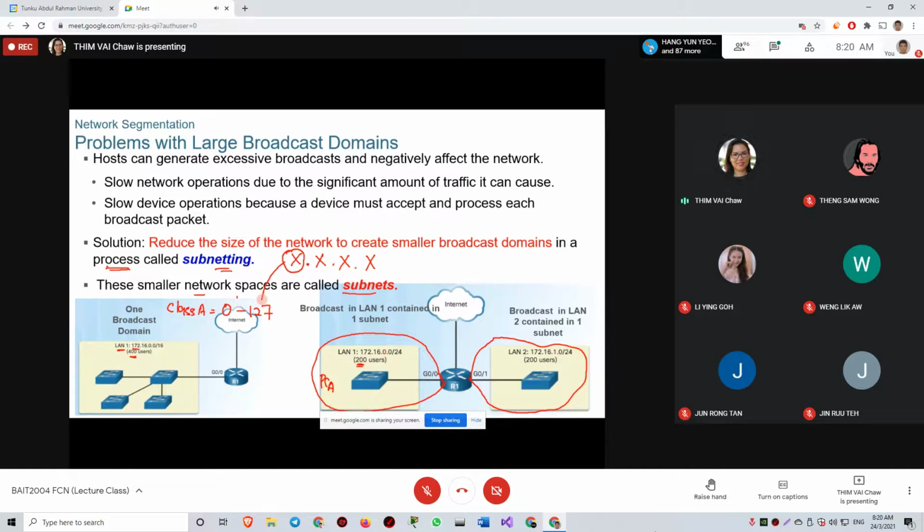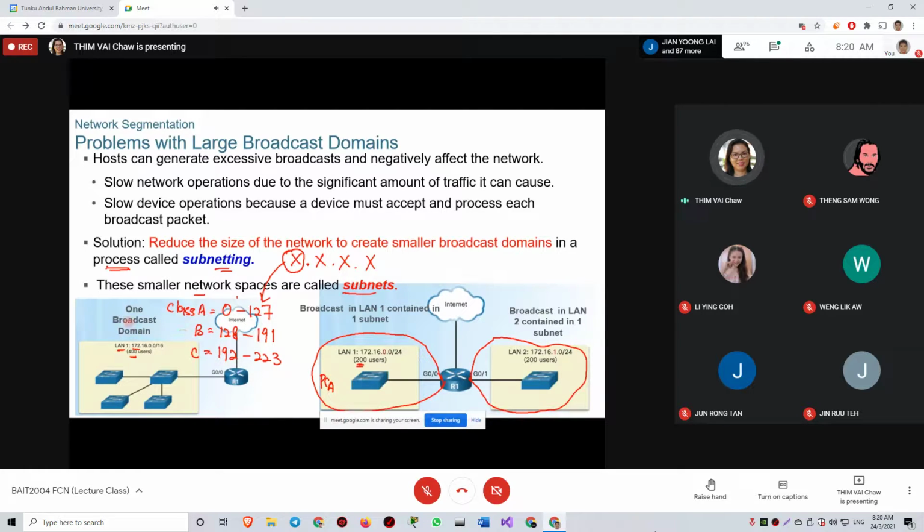If this number belongs to 0 to 127, that address is under class A. Class B will be 128 to 191. You must remember this number. Then we have class C, which is 192 to 223.